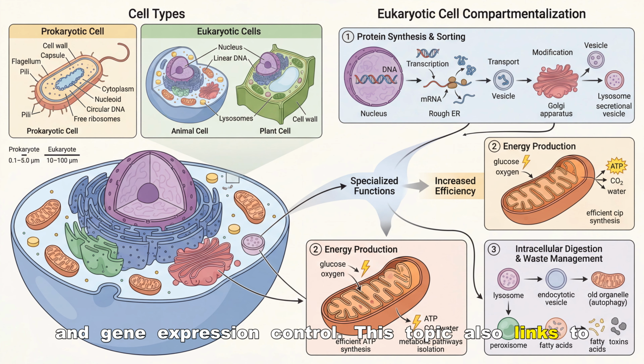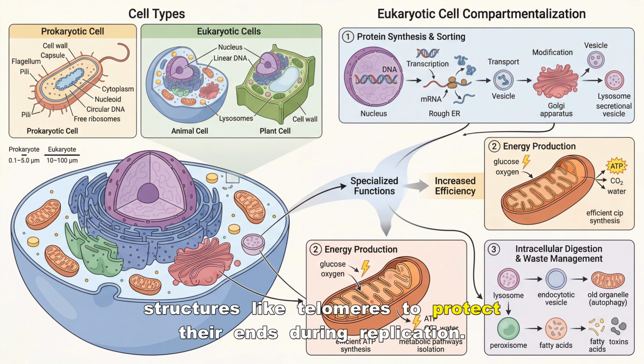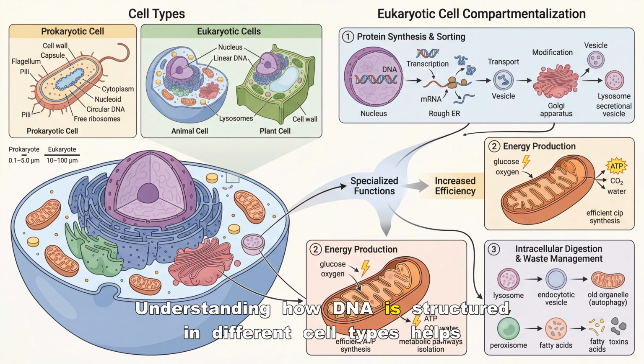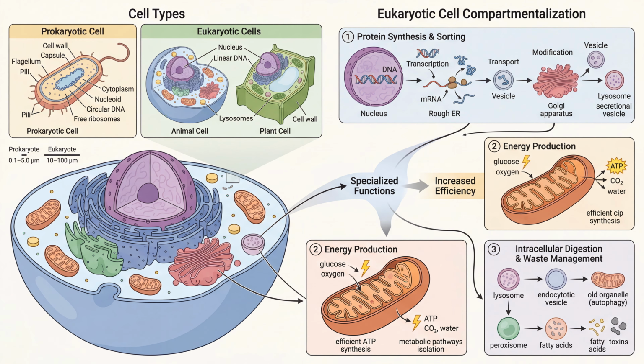This topic also links to the cell cycle, since linear chromosomes require specialized structures like telomeres to protect their ends during replication. Understanding how DNA is structured in different cell types helps you predict how quickly cells replicate, how genes are regulated, and how mutations may spread.